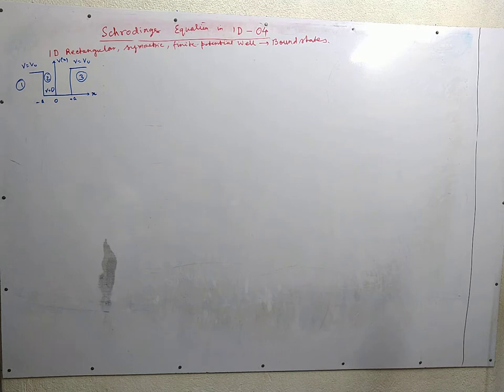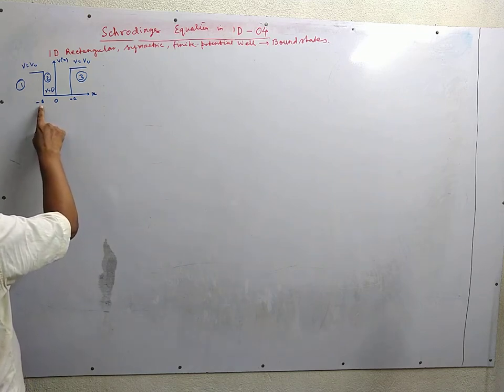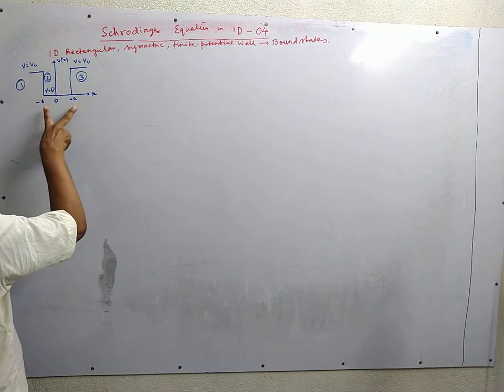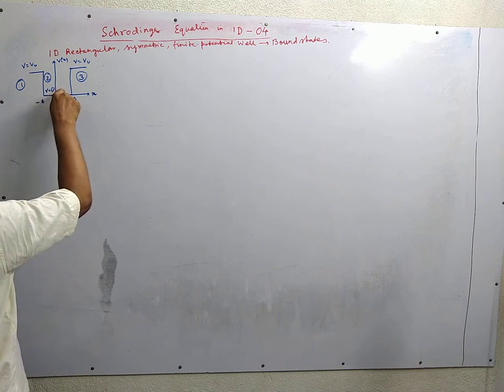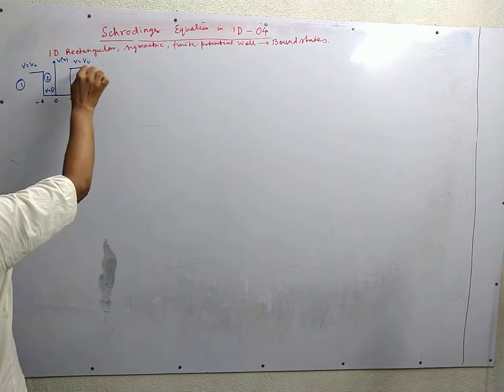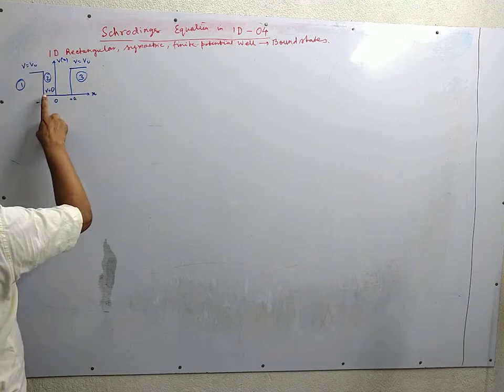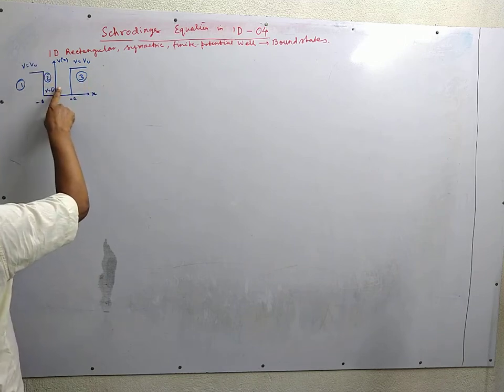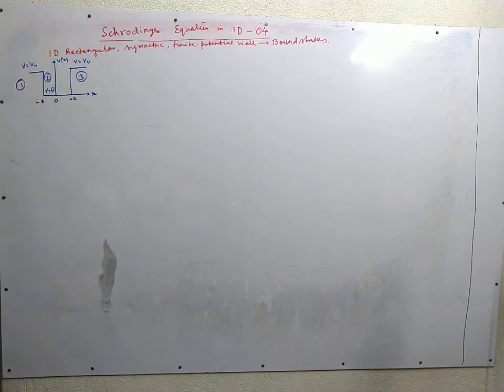There is a well which extends from minus a to plus a, that is, its width is 2a. The potential within the well is 0, and on the left and right of the well it is V0.